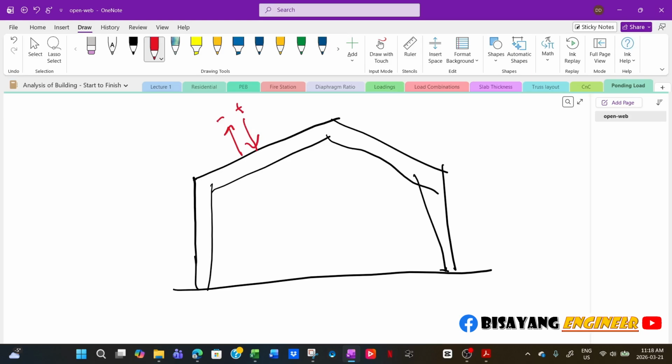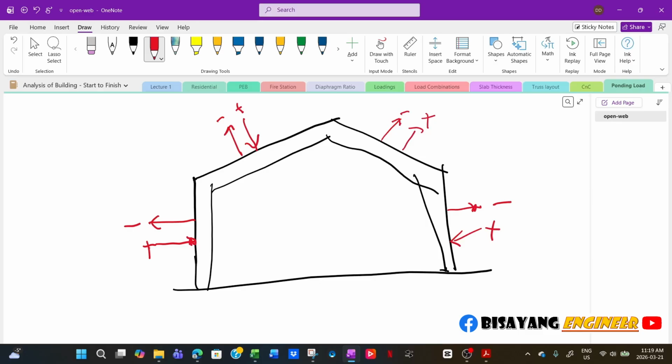And then we're just talking about the external wind pressure first. So this is positive and this is negative. This is negative and this is positive. And then this is also negative and this is positive.